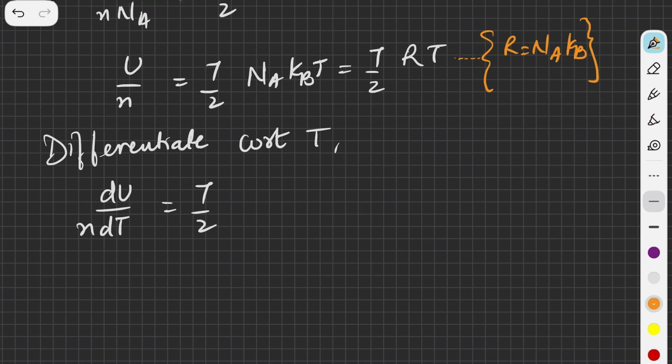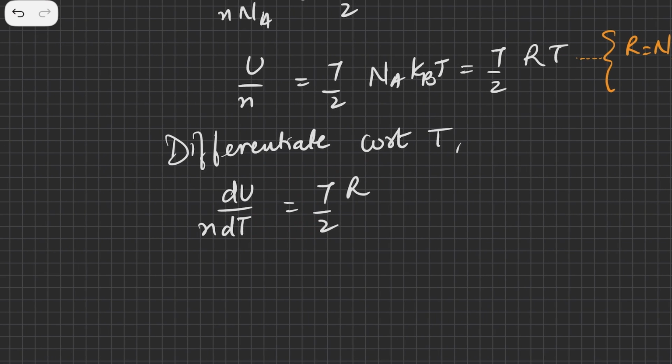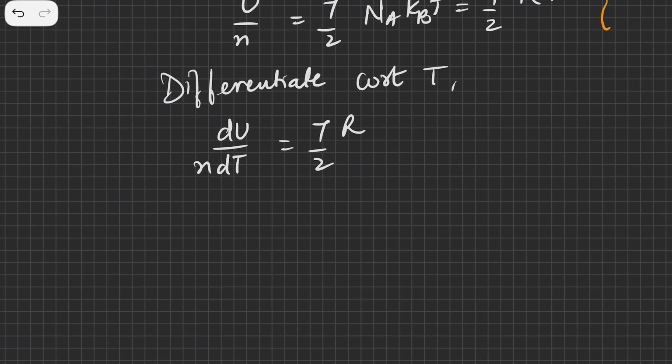So if I differentiate this, I get 7 by 2, and R is a constant, so it is thrown outside, and I get dT by dT, which comes out to be 1. So the derivative of T with respect to T is 1, so we don't write it. So dU by n dT is 7 by 2 R.